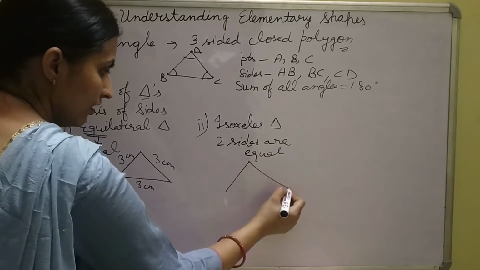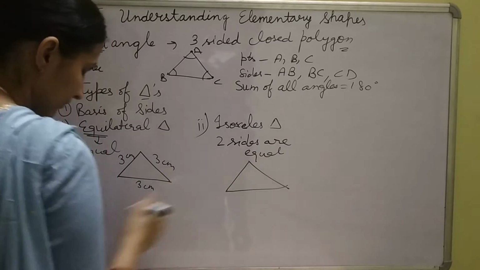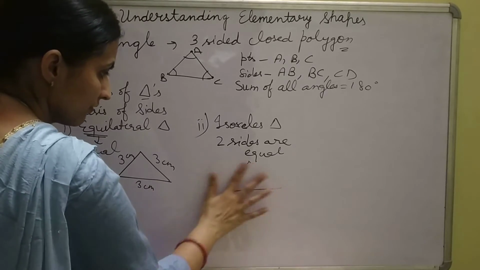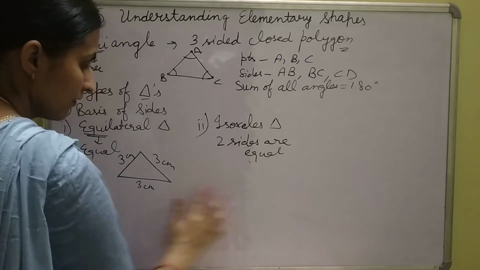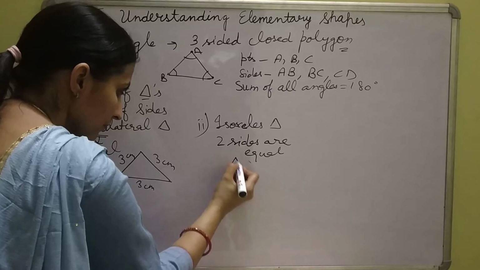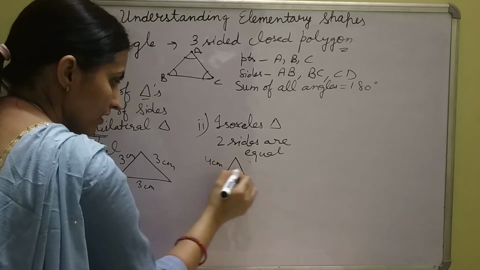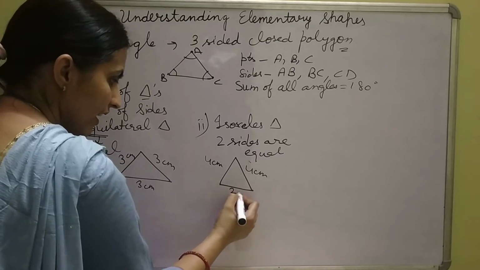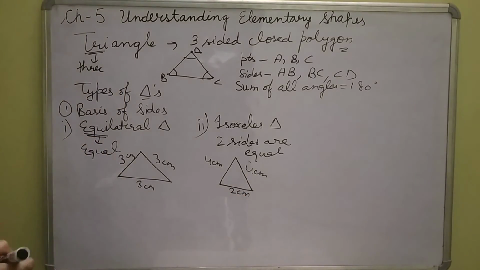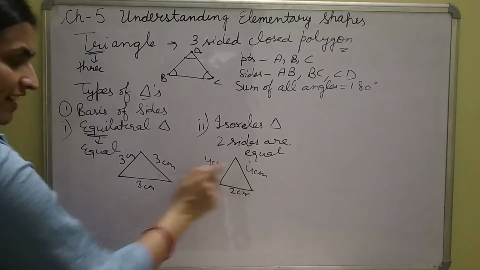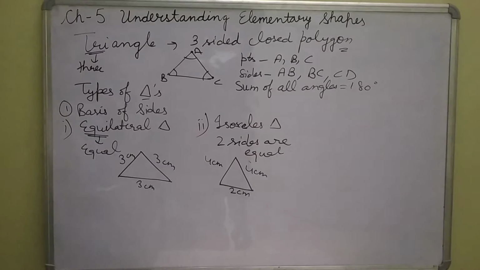Let's say this one. These are, let's say, 4 centimeter, 4 centimeter, and this is 2 centimeter. Then these two sides are equal, so this is our isosceles triangle.